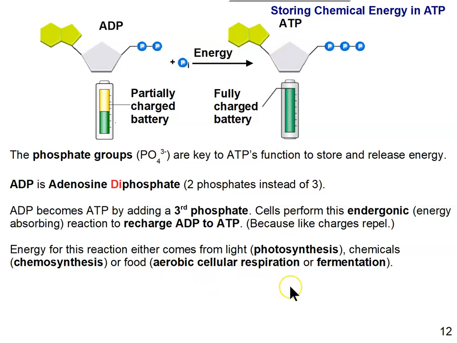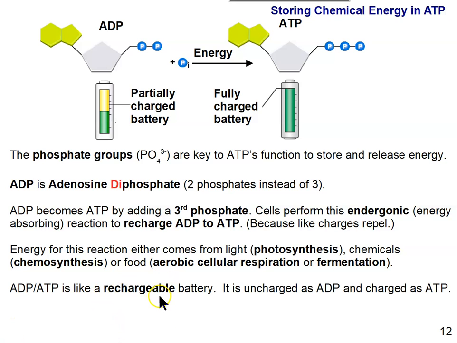And then aerobic cellular respiration is using the chemical energy from glucose, and so does fermentation, using the chemical energy in glucose and using that to transform ADP into ATP. So the analogy here is that it's like a rechargeable battery, obviously, where ADP is partially charged and ATP is fully charged.